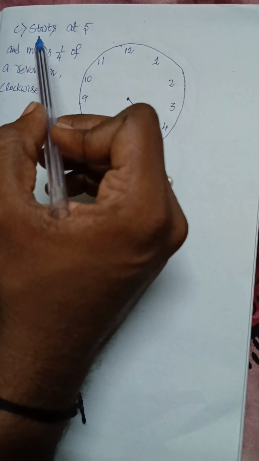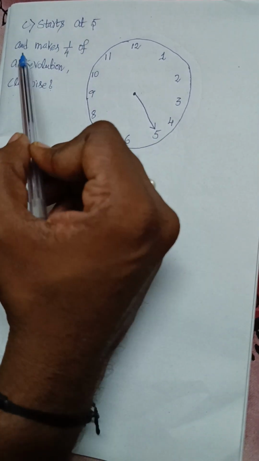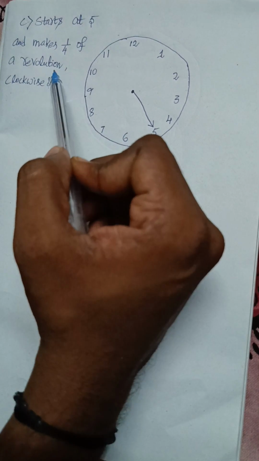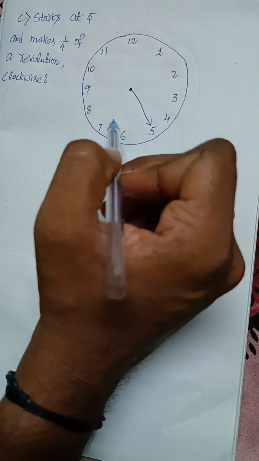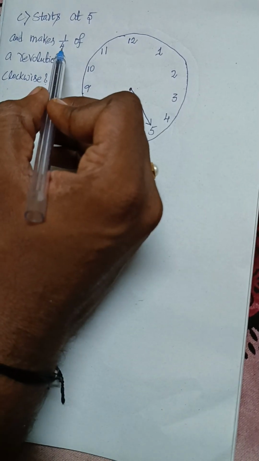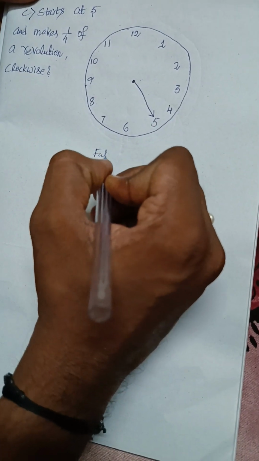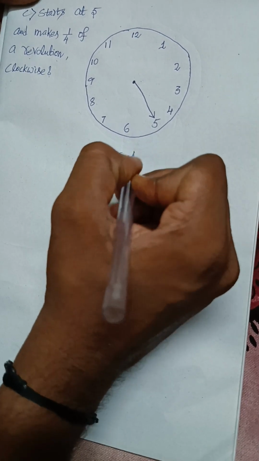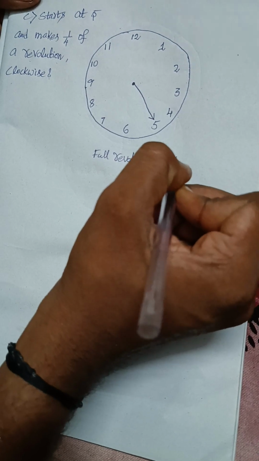Next, this is the third question. The hand of a clock starts at 5 and makes 1/4 of revolution clockwise. Means the hand of a clock is revolving clockwise and it makes 1/4 of a revolution. We know that full revolution is equal to 360 degrees, as I said earlier.